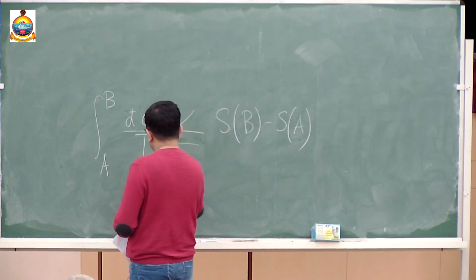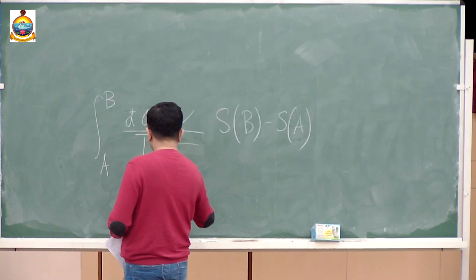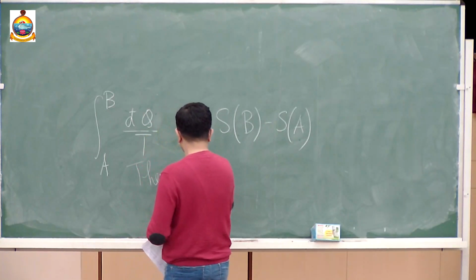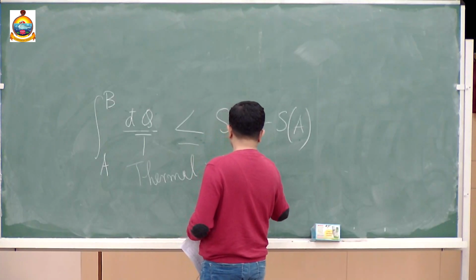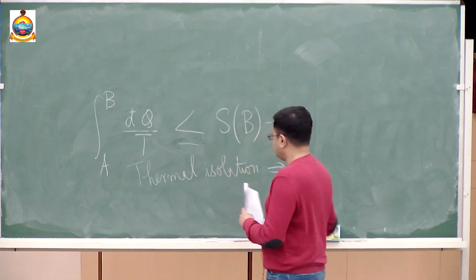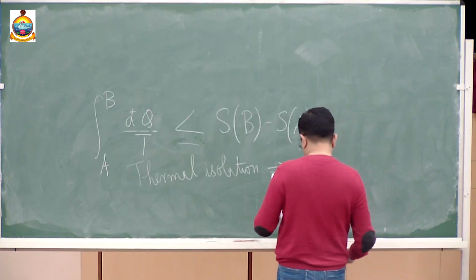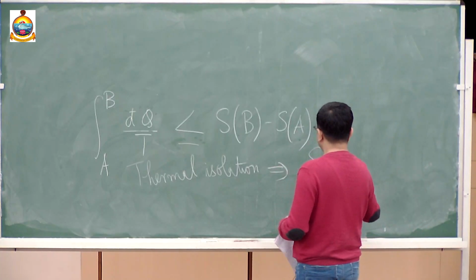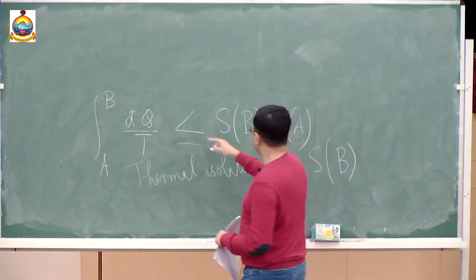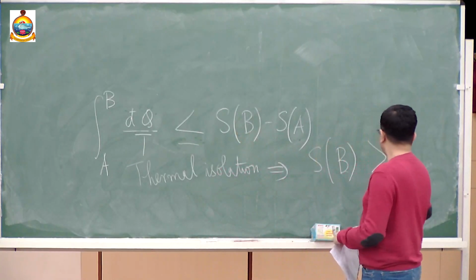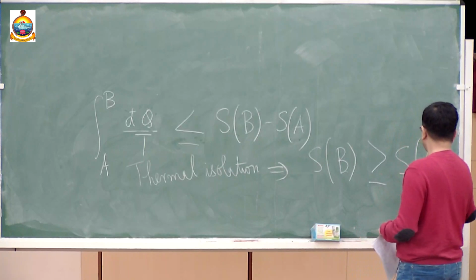So I have a transformation which is taking place in thermal isolation. Then the left hand side is equal to 0, and therefore what I get is SA is less than or equal to SB, or SB is greater than or equal to SA.